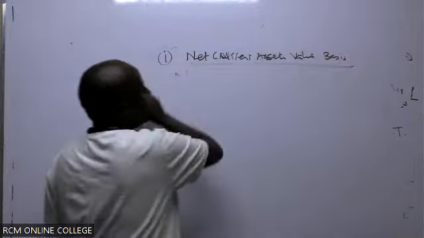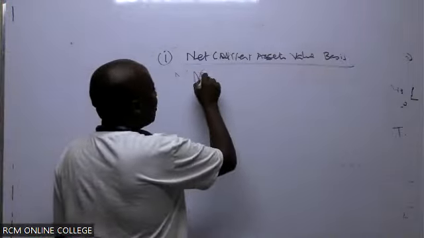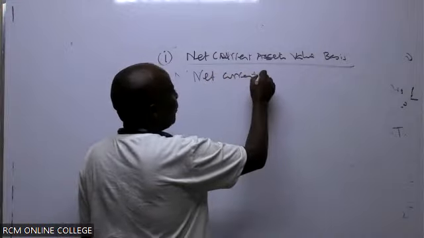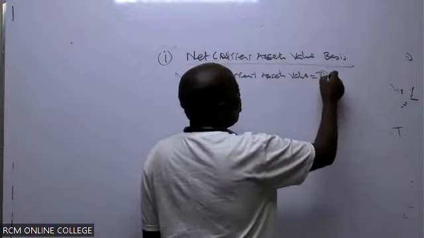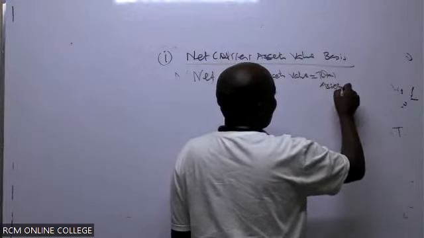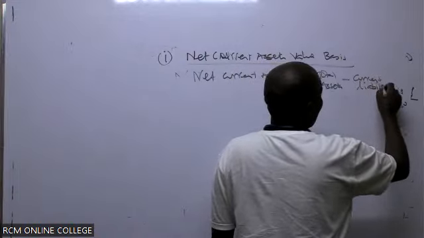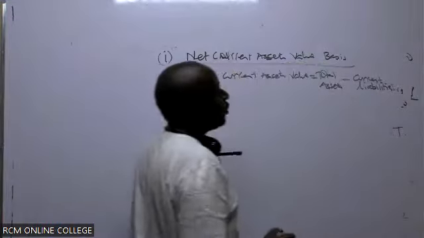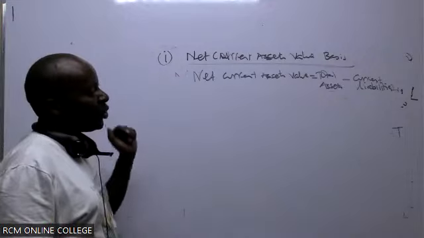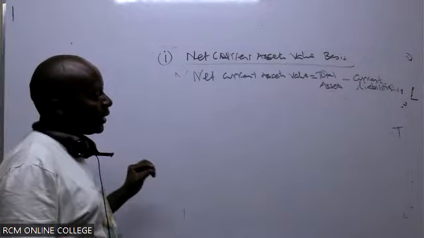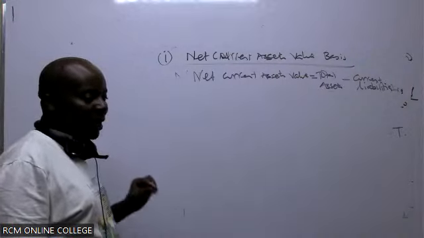It is this net current assets value, where we take total assets minus current liabilities. So if I were you, I'd do both methods and write it this way: net current assets value will be total assets minus current liabilities.